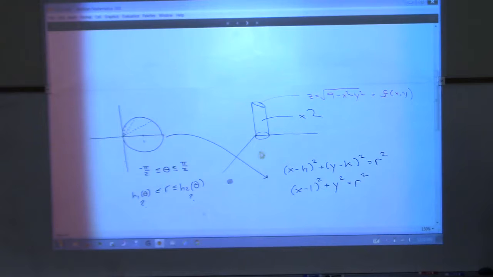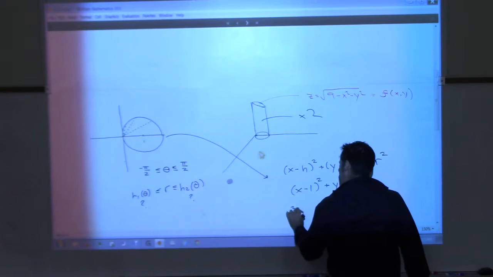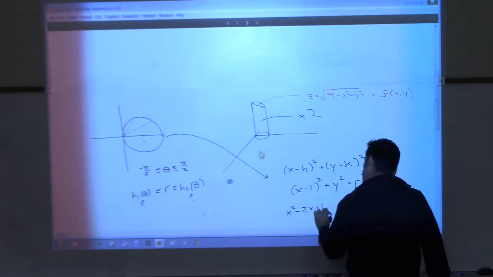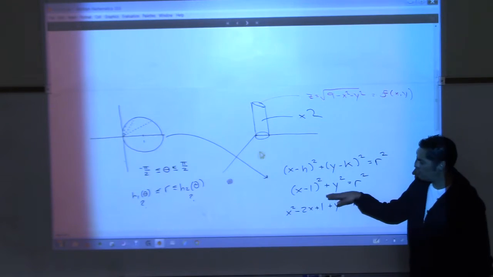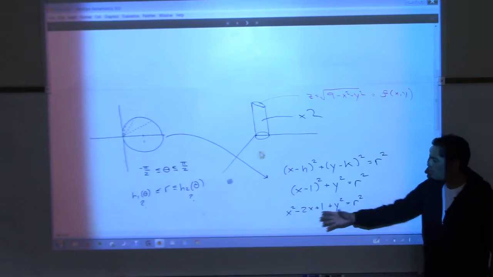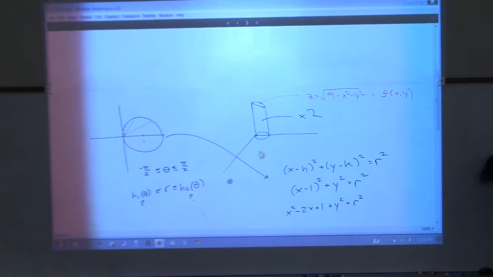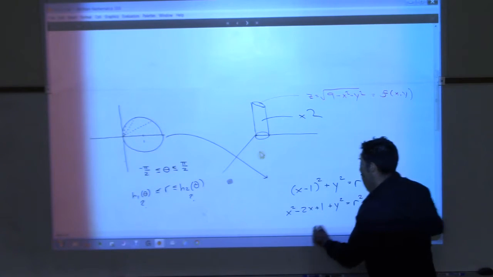So why don't we just change our x's to r cosine theta and our y's to r sine theta and see what happens. You know what? Let's square that first before I do that. Okay, so that's the equation of the circle that we're looking at over there. Here's me expanding this, and now replace all x's with r cosine theta, all y's with r sine theta, and what will we have?